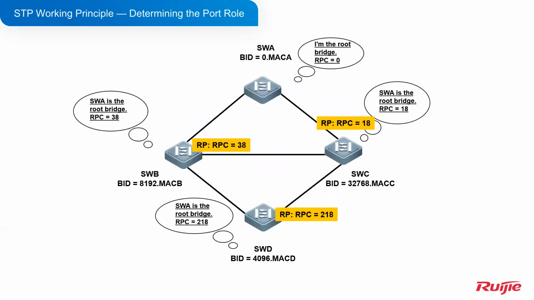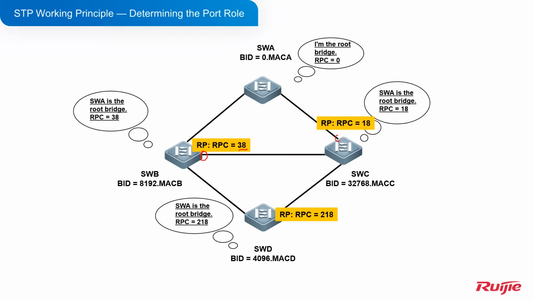And then based on the parameters we have just seen on the figure, you can see some RPCs of ports. For example, the RPC of this port on SWB is 38.